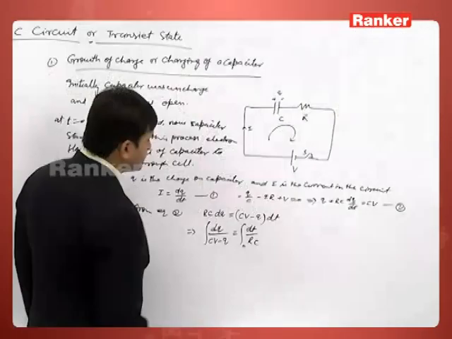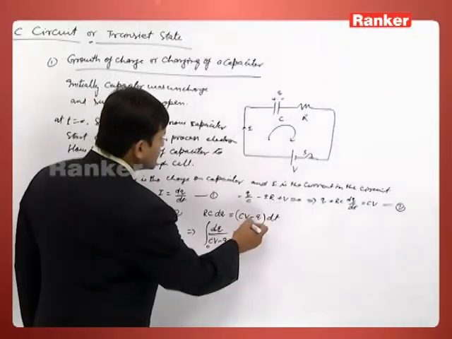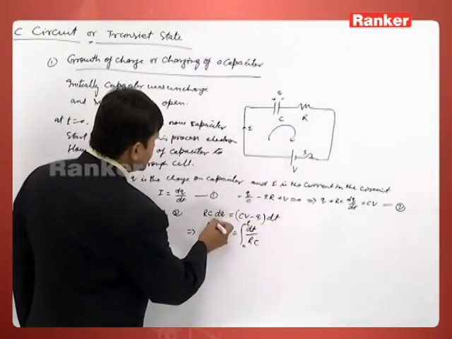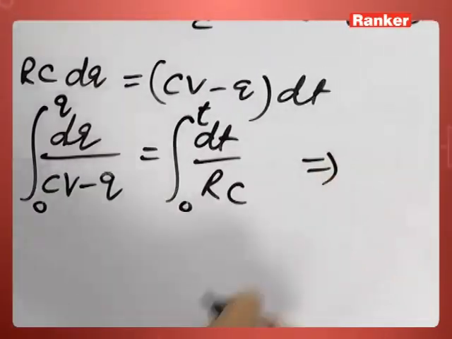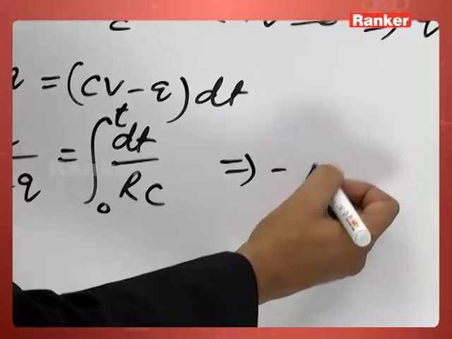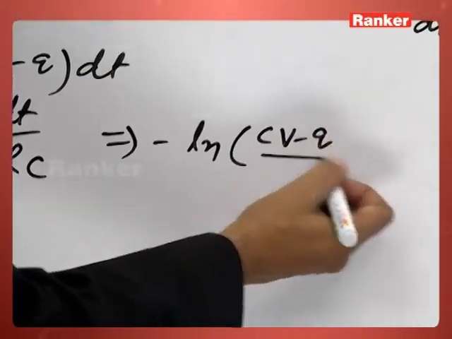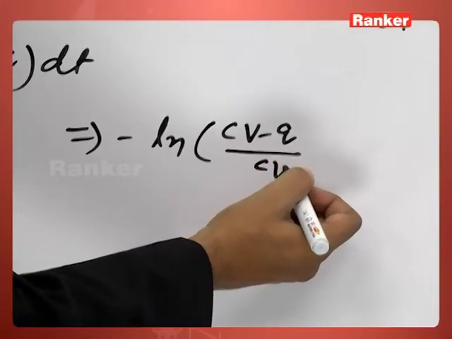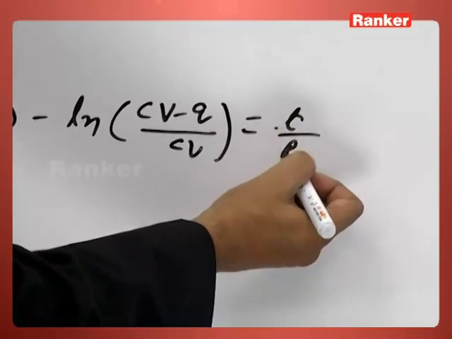At t = 0, the charge on the capacitor was 0. At t = t, the charge is q. So this further we can write minus ln((CV minus q) by CV) is equal to minus t by RC.